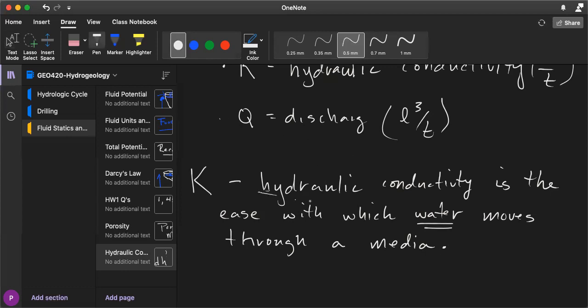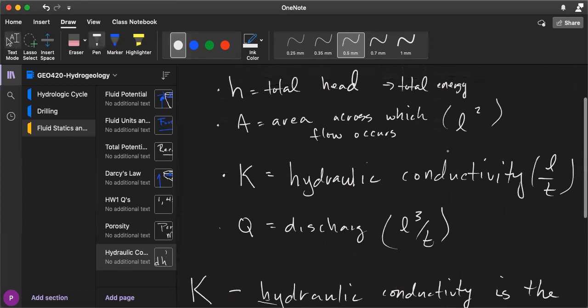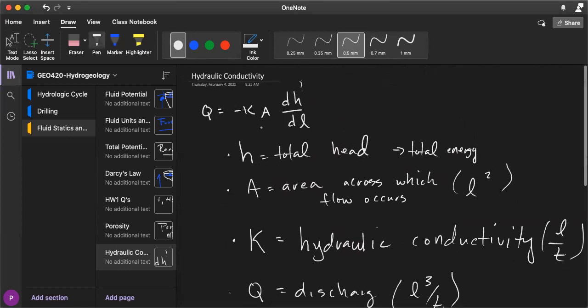Now, we're going to talk about this double underlined water. So Darcy's law, he measured it and he said, hey, look, it looks like the discharge is linearly related to the head gradient or the gradient in total energy, but across my column, all right?